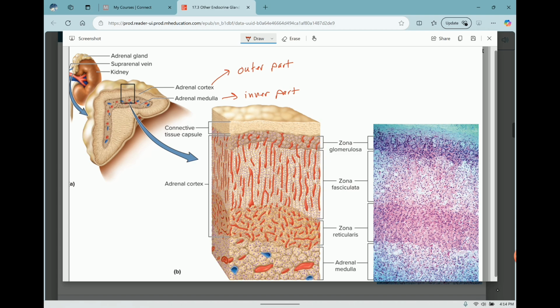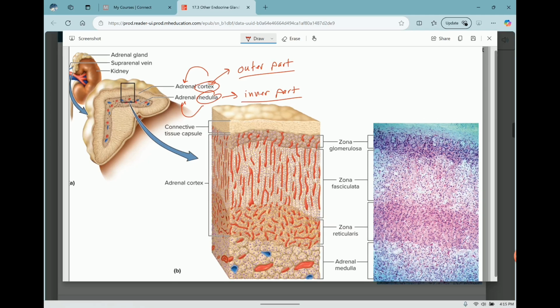The kidneys, which we'll look at later, have an outer cortex, the renal cortex. Renal is a fancy word for kidney. So you have the renal cortex, and the inside part of the kidney is the renal medulla. So cortex simply means the outer part, and the medulla simply means the inner part. And then whatever word it's attached to, that's the structure that we're looking at.